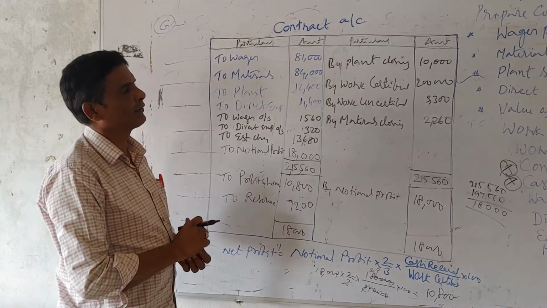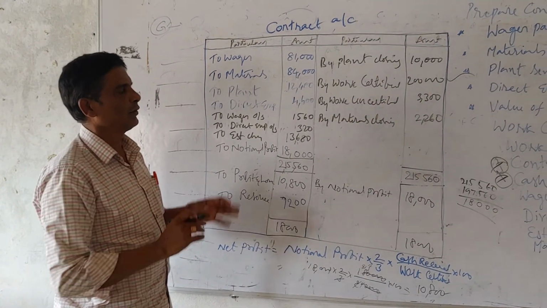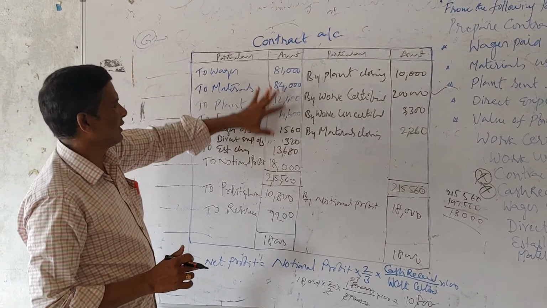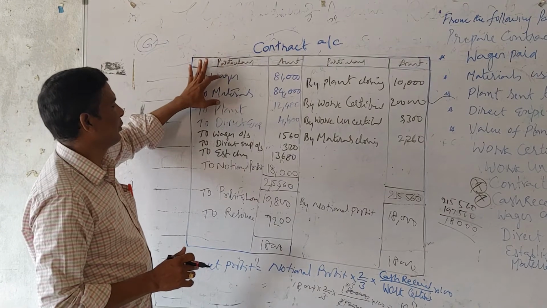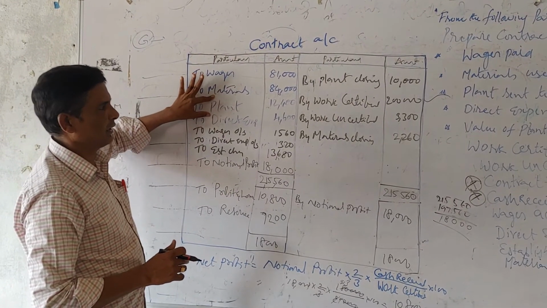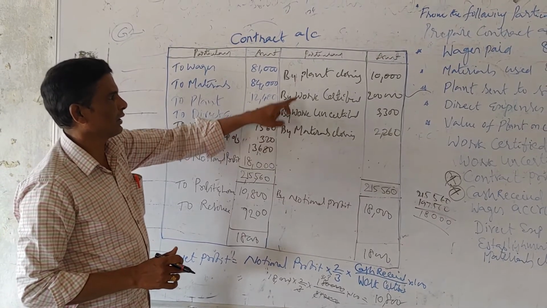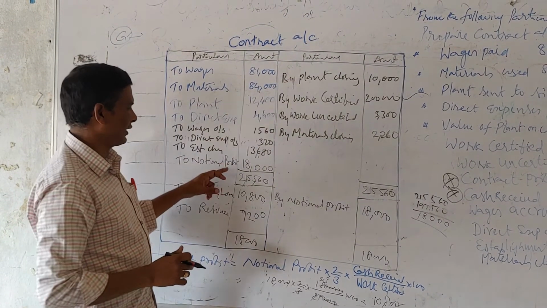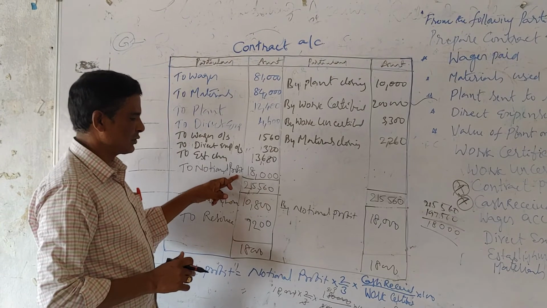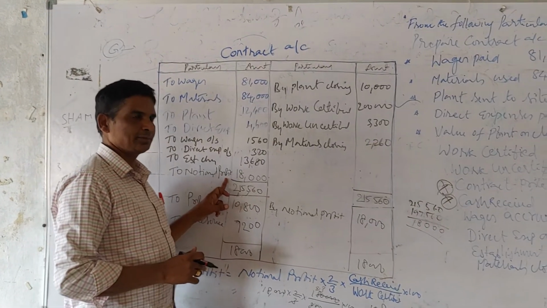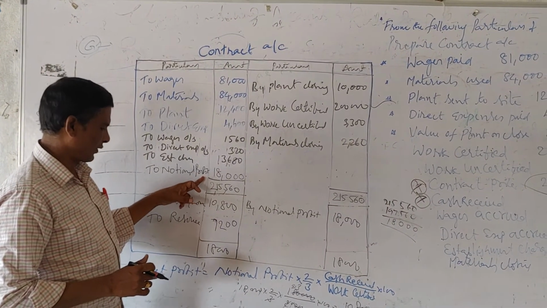You are going to get 15 marks for this problem. The only thing you have to remember is all the expenses are debited, all the opening stocks are debited, even plant is debited, and work certified and work uncertified are credited, and the closing stock and closing plant are credited. Whatever notional profit we get, from this notional profit we have to transfer some amount to profit and loss account.